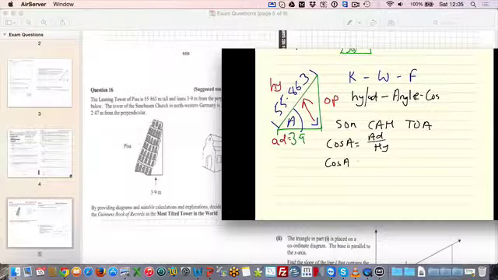Cosine of A is equal to adjacent, which is 3.9, all over 5.863. Be careful, are we looking for a side or an angle here? An angle. And this is how we write it down: A is equal to shift cosine of all this, and you work that out. You okay with that?